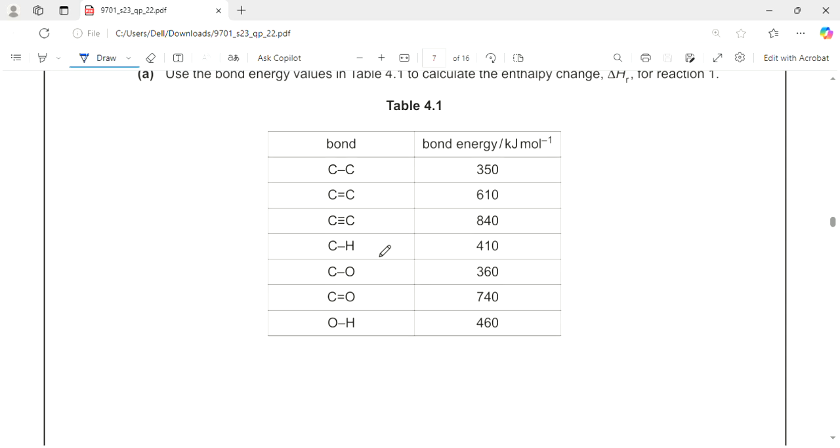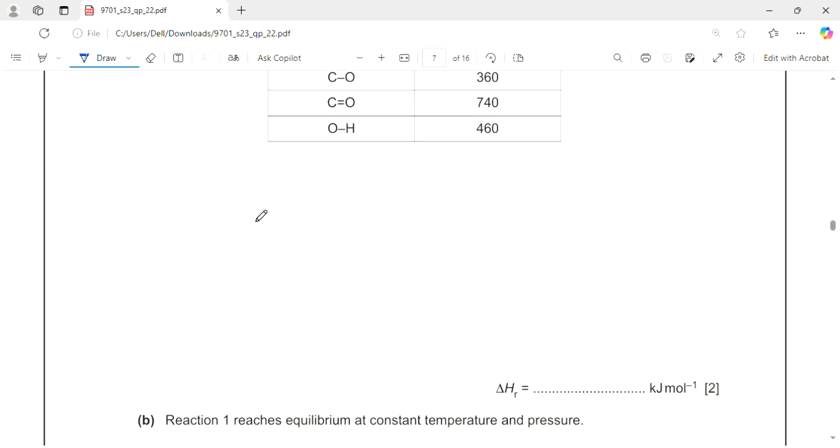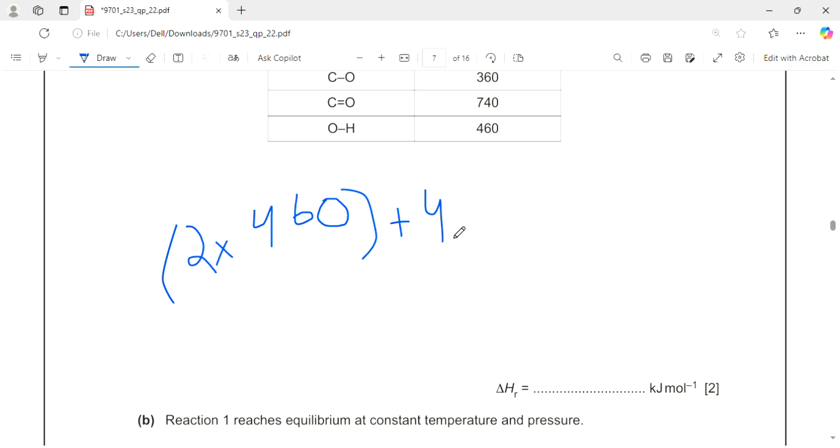So the OH bond is 460 here, so it is multiplied by 2, 2 multiplied by 460, plus 4 into, we have a CH bond also.